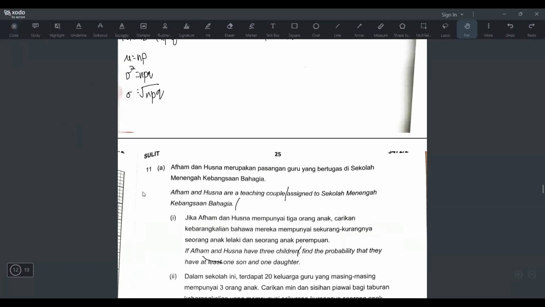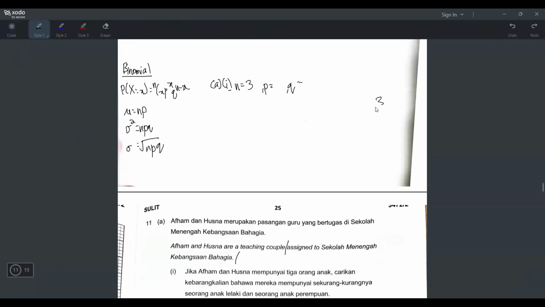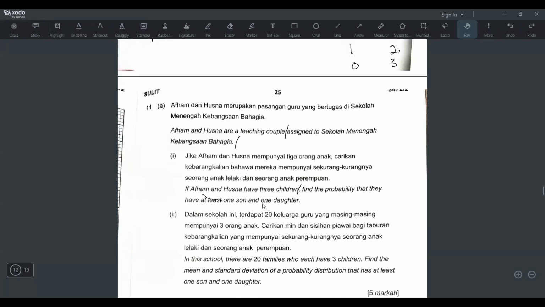Let's write down all the possibilities for 3 children. You either get son or daughter, right? You might get 3 son, 0 daughter, which is possible. Or maybe 2 son, 1 daughter, or 1 son, 2 daughter, or 0 son, 3 daughter, right? But they want at least one son and one daughter.